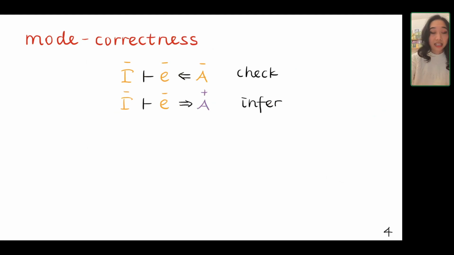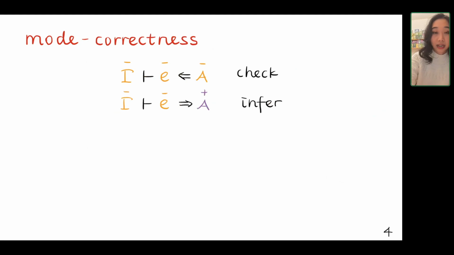While infer takes context and term as input, and then gives you a type as an output. This is what I mean by mode, whether something is an input or an output. And saying the bidirectional type system is mode correct basically means that information flows nicely from inputs to outputs, and you don't have to guess anything on the way.